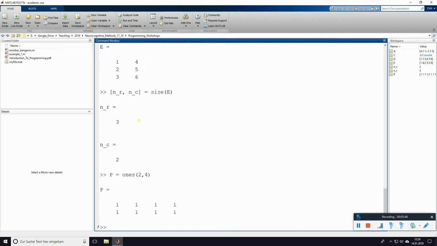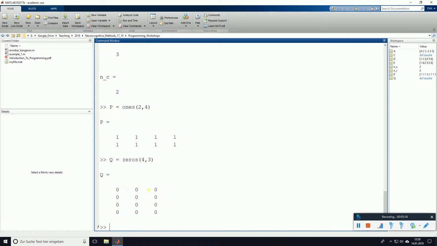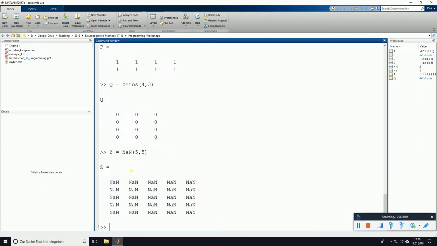So, for example, here we have 2 rows and 4 columns of ones. The similar logic applies to the zeros command. So here we have 4 rows and 3 columns of zeros, or to the not a number command NaN. For example, here we have 5 rows and 5 columns of not a numbers.